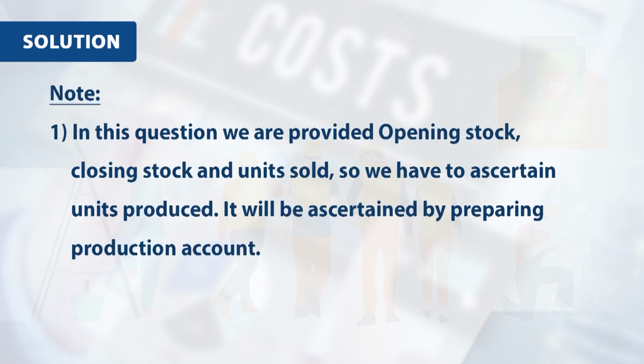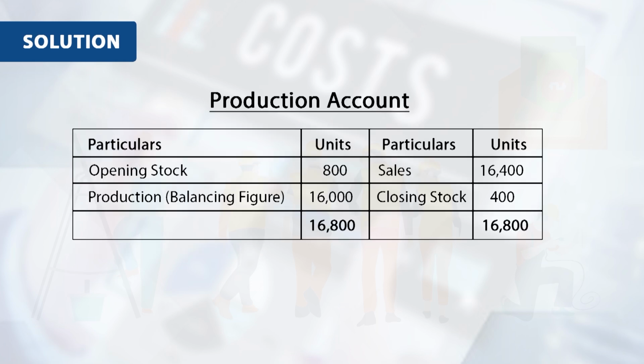Let's prepare the solution. Note that number 1, in this question we are provided opening stock, closing stock and units sold, so we have to ascertain units produced. It will be ascertained by preparing a production account.